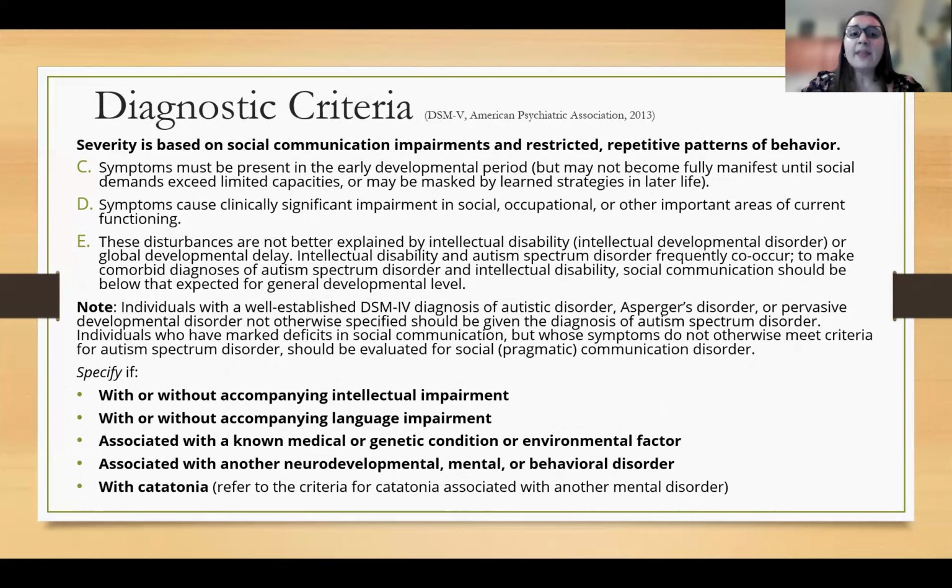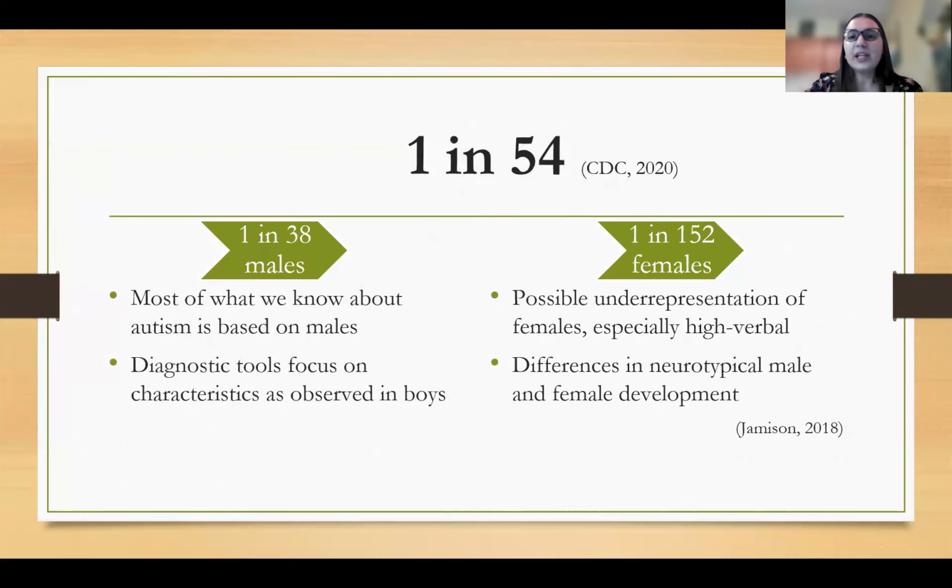And then when someone is diagnosed with autism, they are also evaluated for intellectual disability, accompanying language impairment, and whether or not this diagnosis of autism is associated with something else as well. So just a little bit of background for you. If you're interested in this, I'm happy to talk more about diagnostic criteria with you as well, but just a little overview.